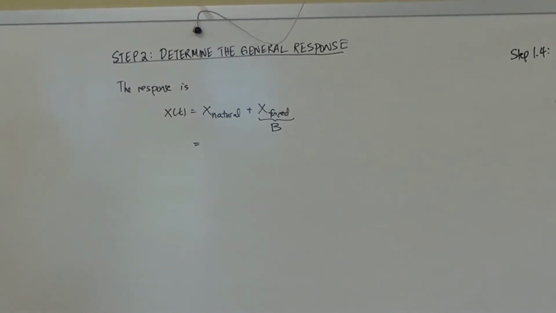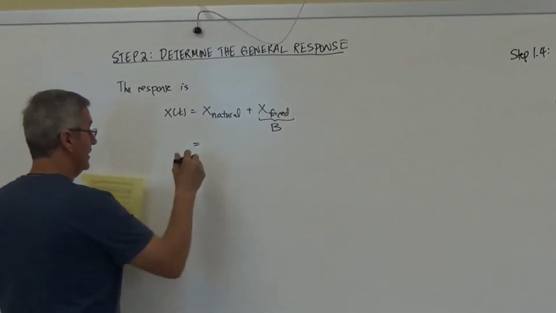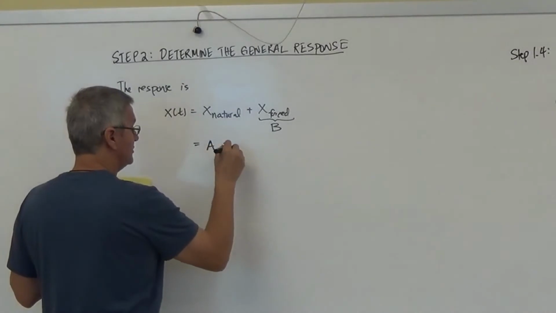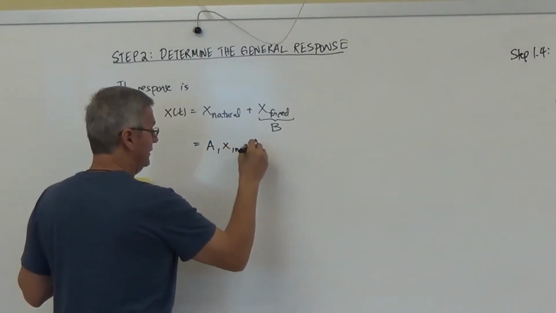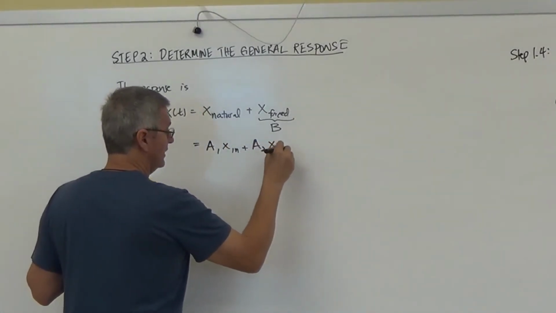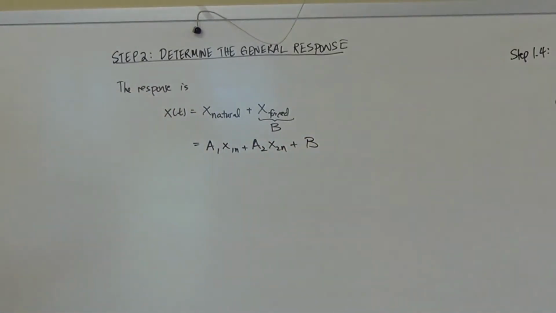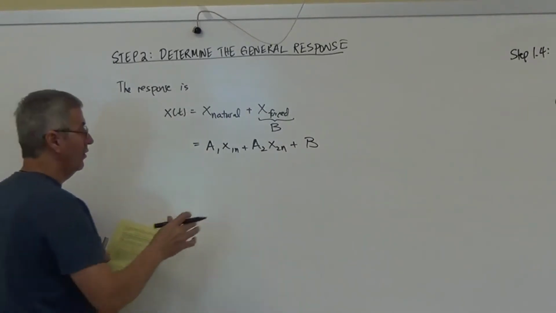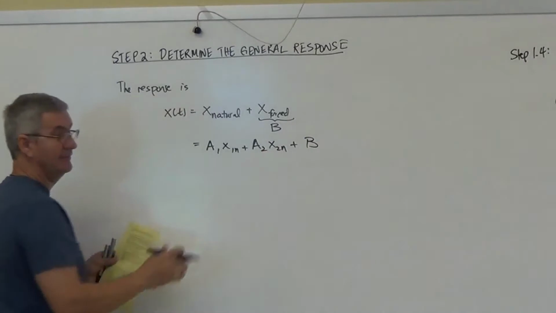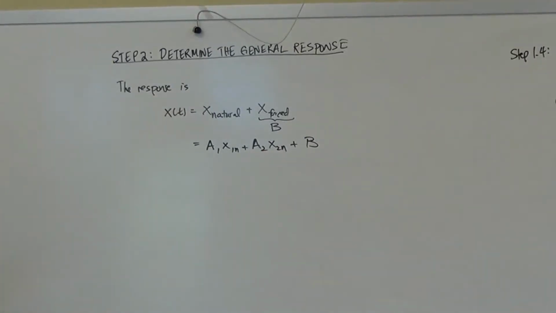Because it's a second order equation. So that means you're going to get A1 times x1 natural plus A2 x2 natural plus this constant b. Our job now is to figure out what these are. How do I get this complete response?